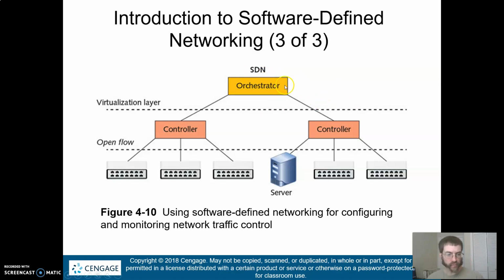Then the OpenFlow protocol reaches out to the controllers and to the individual devices and tells them, okay, this is what we're doing now. That gives you an enormous amount of flexibility in terms of what you can do with your network. If you need to redesign the network, split your network in half and completely resegment everything, you go for it.